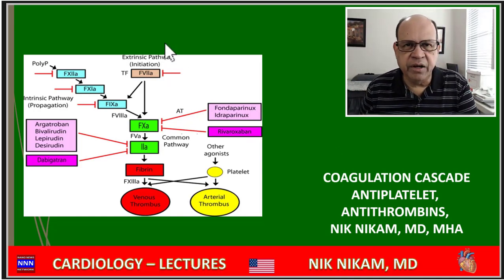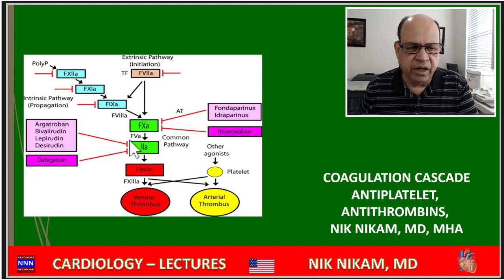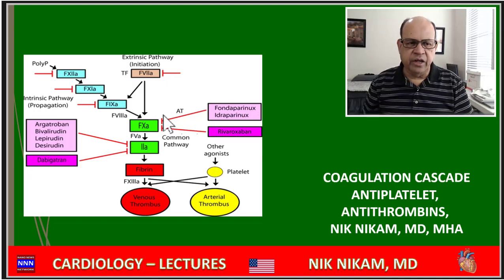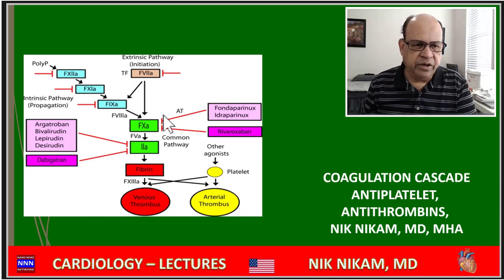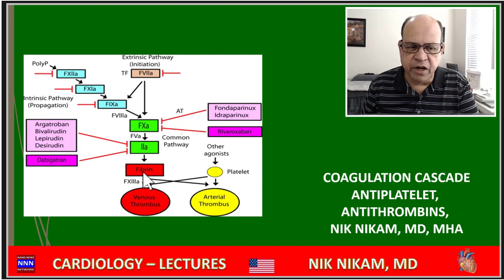There are two main pathways through which blood clot formation happens, namely the intrinsic pathway, which happens from within the body, and the extrinsic pathway. For example, if you get a cut, that initiates the extrinsic pathway, which is acted upon by factor 7A, which acts upon factor 10, and that acts upon thrombin, and thrombin acts upon fibrinogen to convert it into fibrin.